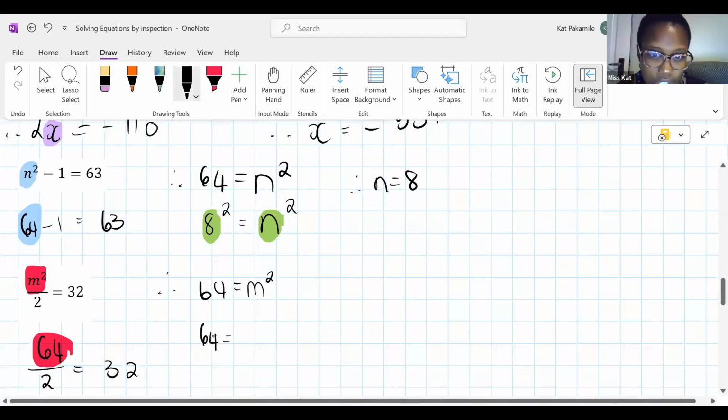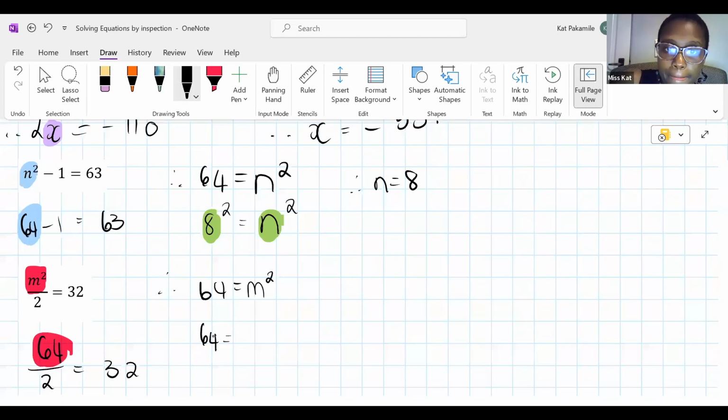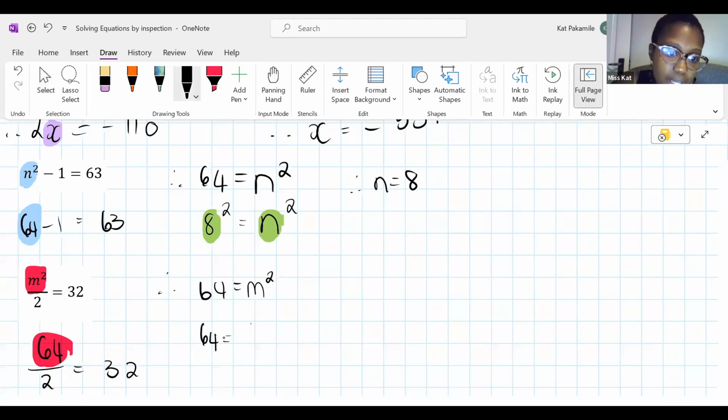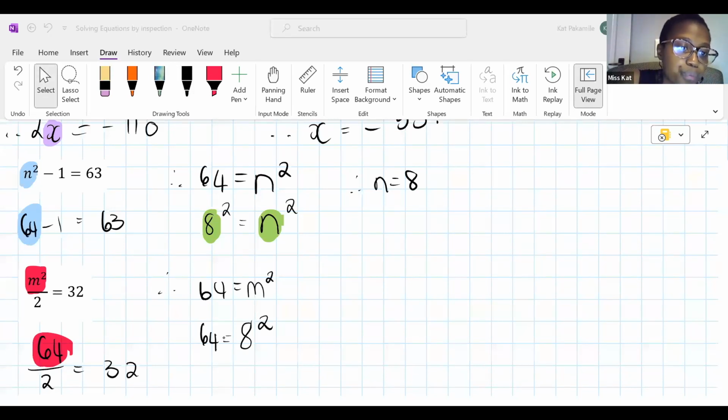Check in the chat, they're helping you out. Which number squared is equal to 64? Not 64 squared. Which number squared? It's 8 squared. Okay. Because 8 times 8 is equal to 64.